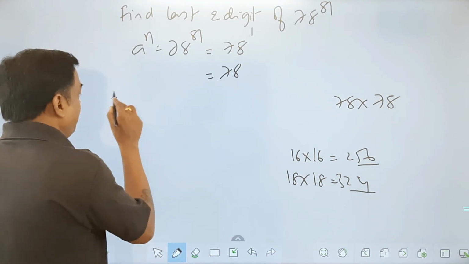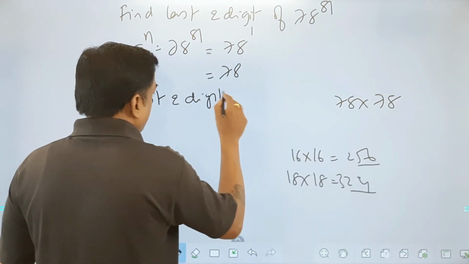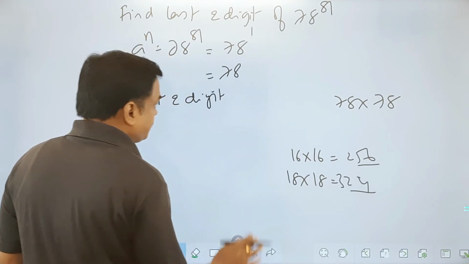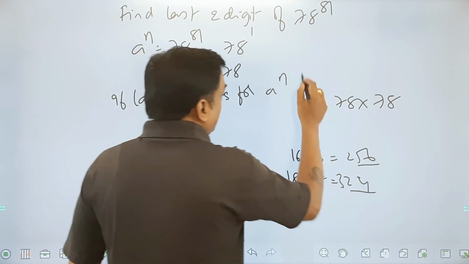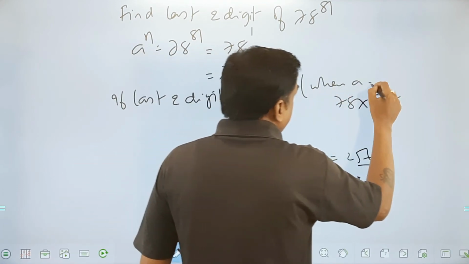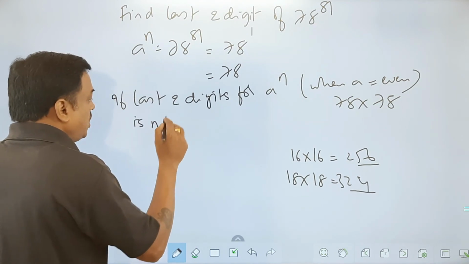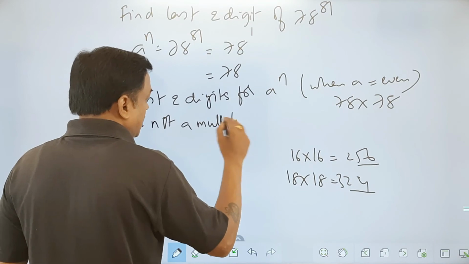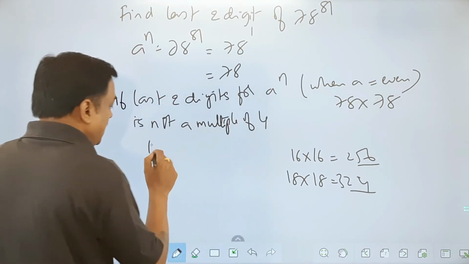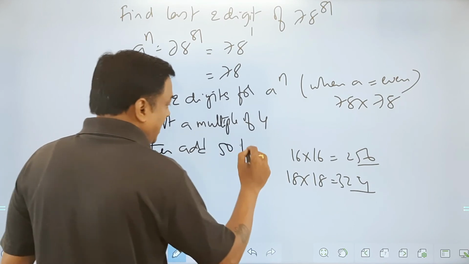So if the last 2 digits for a to the power of n, when a is an even number, are not a multiple of 4, then add 50 to the end result.